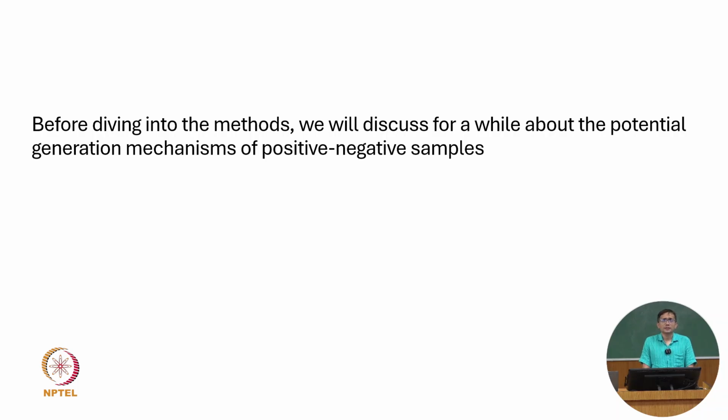Of course, if we are talking about supervised setting, this problem becomes trivial. How? Because in the supervised setting, you are given a data set with the corresponding annotations, right?